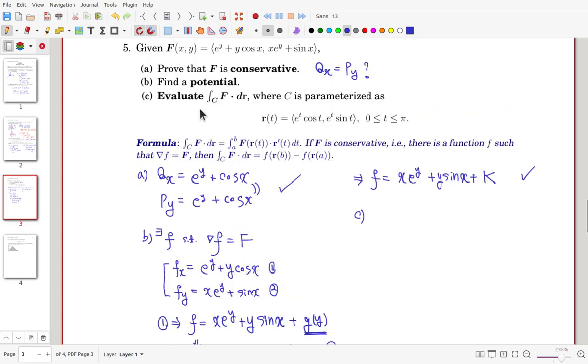Now we want to evaluate the line integral of the vector field where C is parameterized in this way.